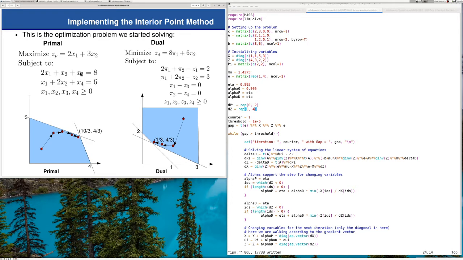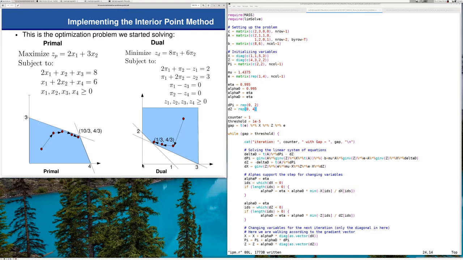Here is the problem. Of course, we have the primal problem and its dual. Here we have a graph in terms of the primal space, and here in terms of the dual space. Here I have x1 and x2.